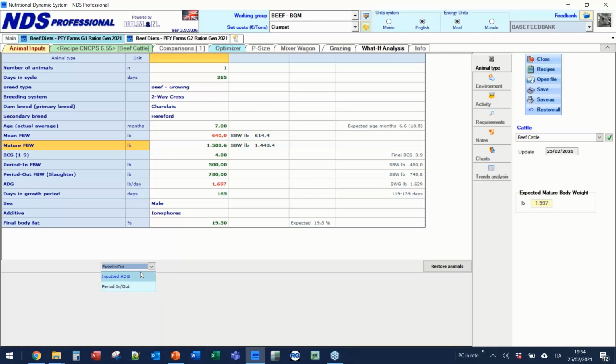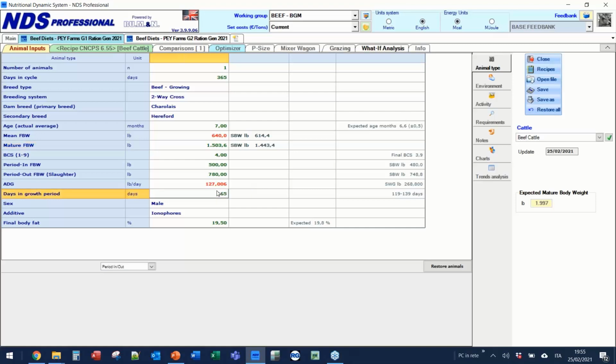That means that we can set a current body weight, the system will work with the expected mature body weight, and we need to input the desired average daily gain. This is not what we suggest. We suggest to use the period in, period out input body weight.